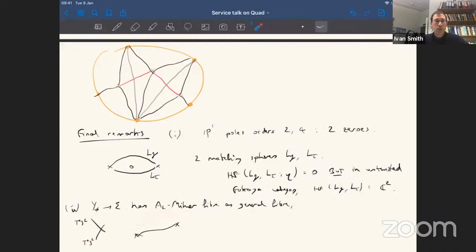But if I just draw a path between zeros of a differential in this setting, there are in principle infinitely many different spheres in the fiber I could take here. This simple four manifold contains infinitely many Lagrangian spheres.